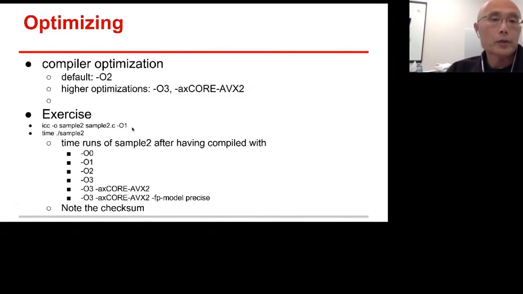So that compiles with the optimization level 1. Now you can time it with the command time ./sample2, but you can try that interactively, but also try it using an interactive batch job because you'll probably see a difference.